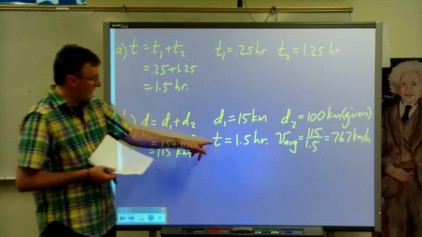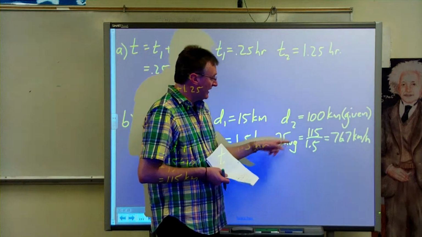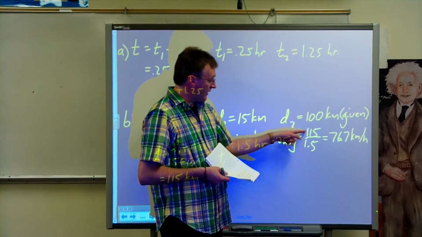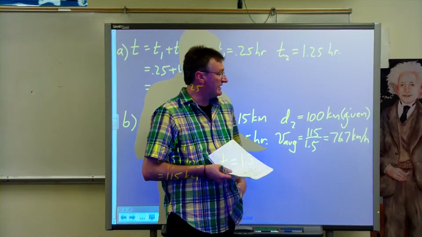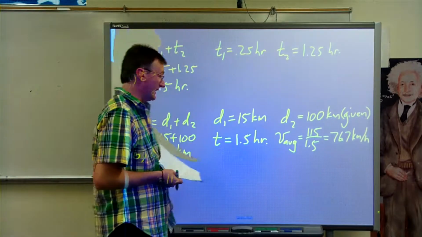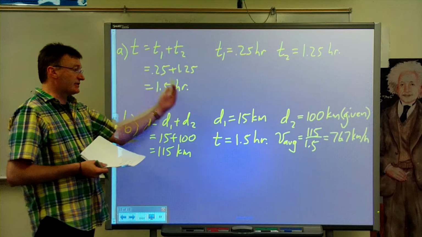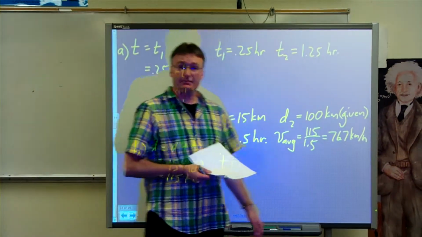And so we know what the time is. So the average speed then is going to be the total distance divided by the total time. So 115 divided by 1.5. And that works out to 76.7 kilometers per hour. So the average speed that this object moved was 76.7 kilometers per hour.